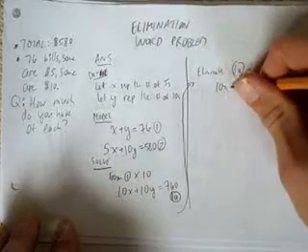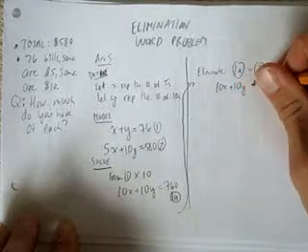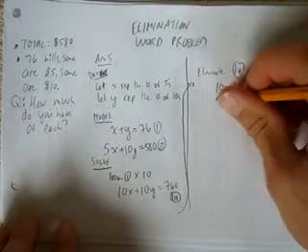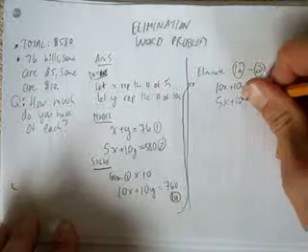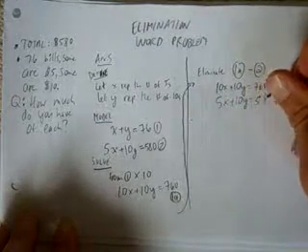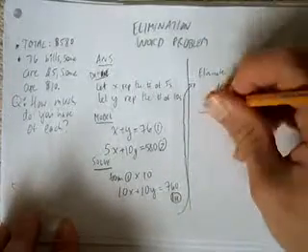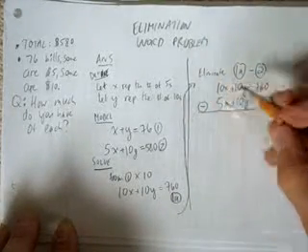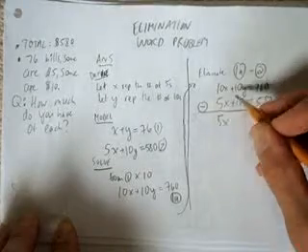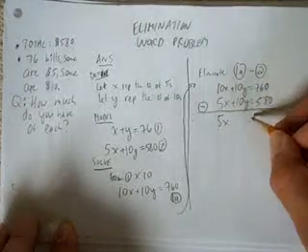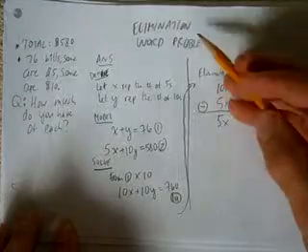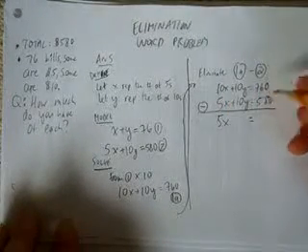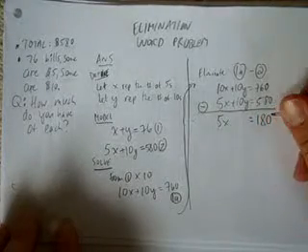Equation 1a is 10x plus 10y equals 760, and equation 2 is 5x plus 10y equals 580. When I subtract, I like to put a minus to remember to subtract each thing. 10x take away 5x is 5x. 10y take away 10y leaves no y's. There's 0, which is what we wanted. That's what elimination is all about. And then 760 minus 580 is 180.